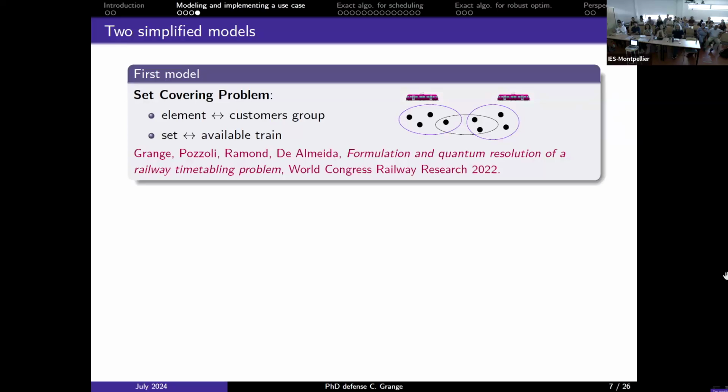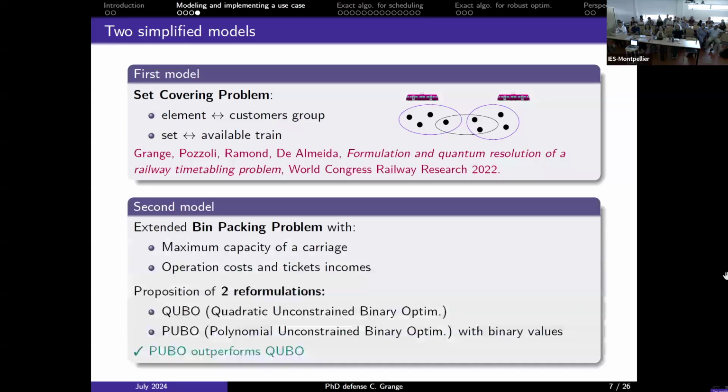But this model is a little bit too naive, and we worked on a second model, which is the following. It's an extended set covering problem, where we succeeded in integrating the fact that each carriage has a maximum capacity, and we also tackled the notion of operation costs and selling tickets to customers.